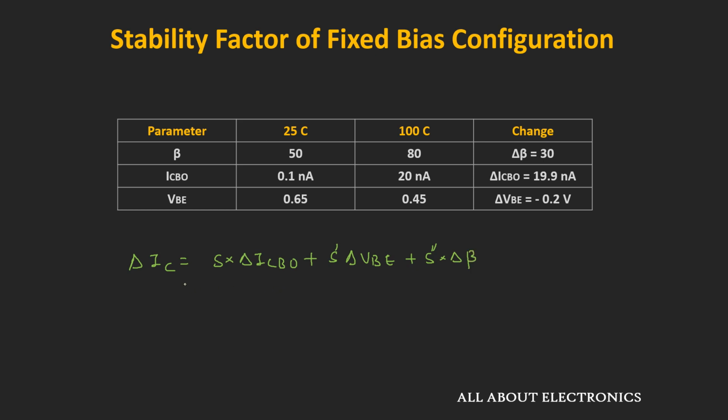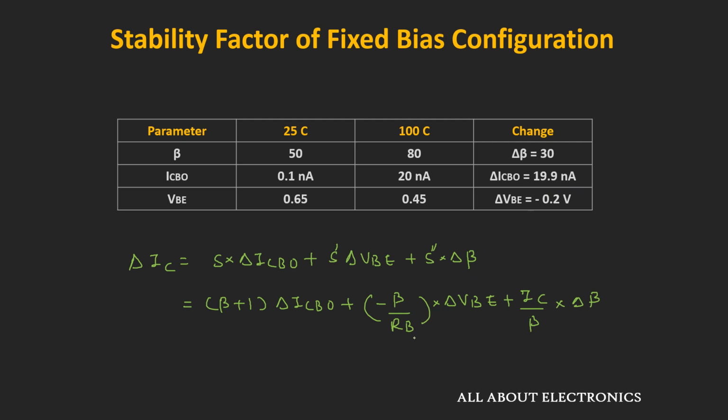And if you put the values of this S, S dash and S double dash, then we can write this delta IC as beta plus 1 times delta ICBO plus minus of beta divided by RB times delta VBE plus IC divided by beta times delta beta. Now here, if you see, whenever the circuit is operating at the 100 degree centigrade, then the reverse saturation current will become 20 nanoampere. That means the change in the current is equal to 19.9 nanoampere.